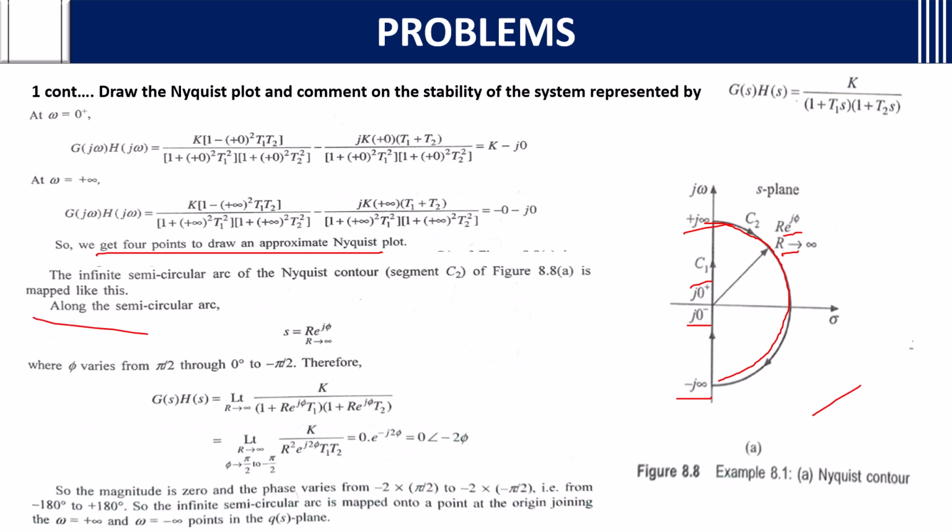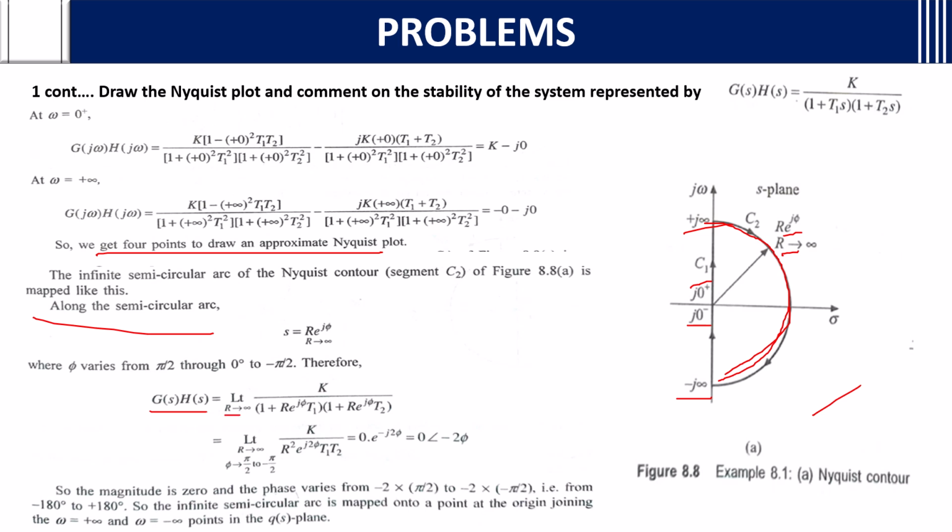Along the semicircular arc, you have what? s equals this, where φ varies from π/2 to 0 degrees to minus π/2. See, π/2 to 0 degree and minus π/2 again. Therefore, G(s)H(s) is equal to what?